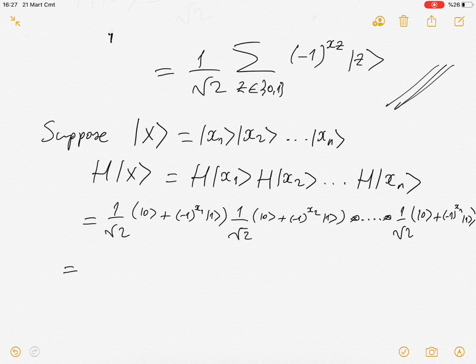Okay, now using some algebra, I can rearrange this equation using the summation formula. I can write this as 1 over square root 2 to the power n, summation over z1, z2, up to zn. So this is an n-bit string, an element of 0, 1 to the n.